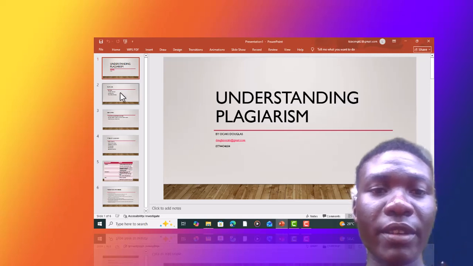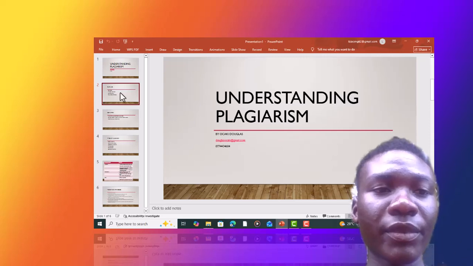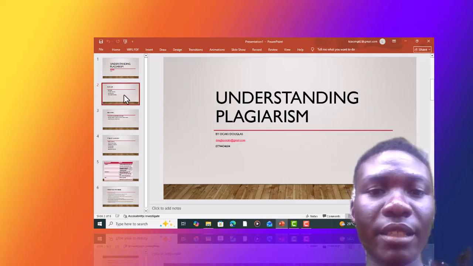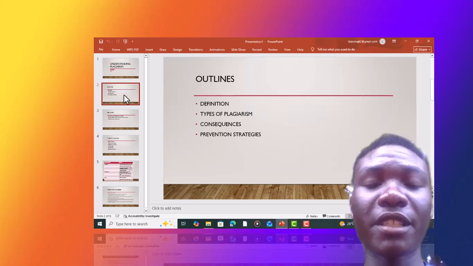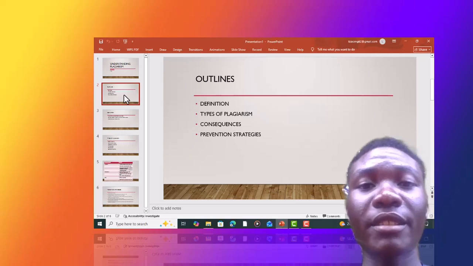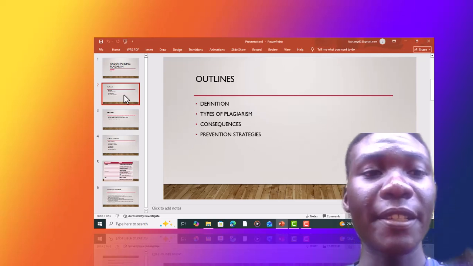So today basically we are looking at the understanding of plagiarism. Under this topic, we shall look at the definition of plagiarism, the types of plagiarism, the consequences, and the prevention strategies.